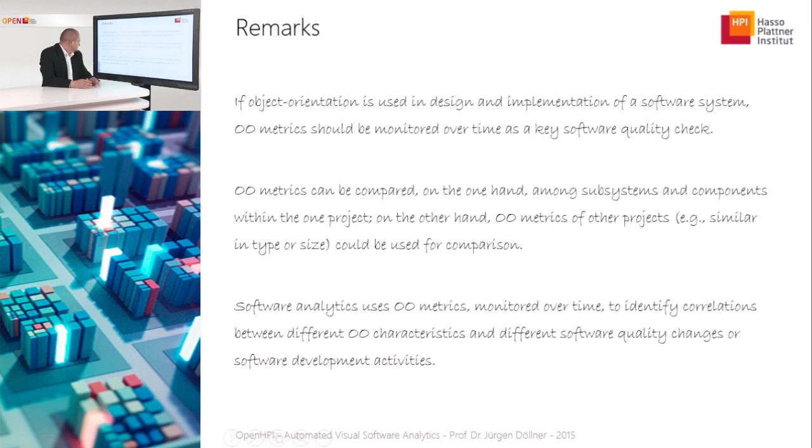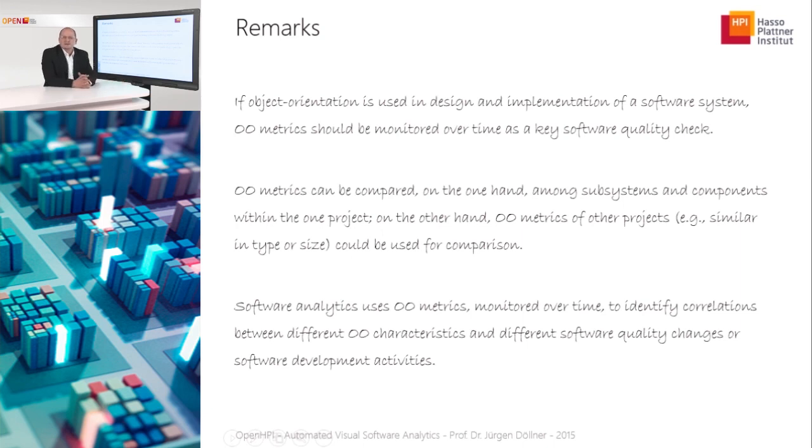In software analytics, we use object-oriented metrics, especially monitored over time, to identify correlations between different object-oriented characteristics and different software qualities, especially software quality changes, or even a correlation between object-oriented design characteristics and software development activities.